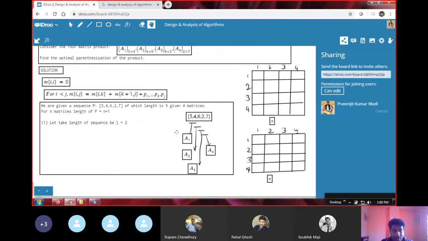Similarly, 4, 6 is the dimension of the next matrix, which is A2. Similarly, this is A3, meaning 6, 2, and then A4 has dimension 2 cross 7. You can also think like this, no issue.